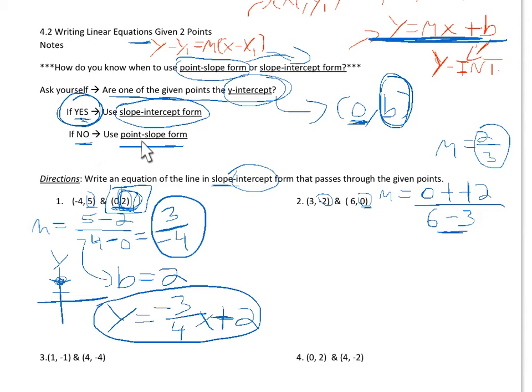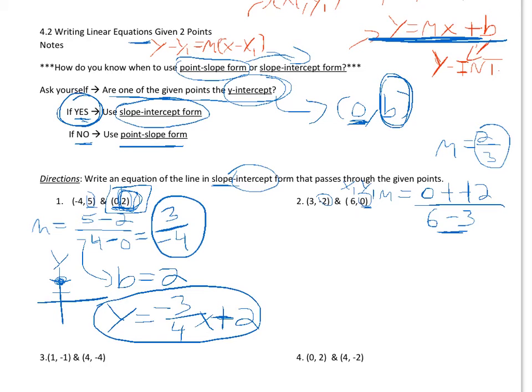So if the answer is no, then I have to use point slope form. So this is going to take me a little bit more work. So I'm going to use this form right here. And I could use any point. I'm going to use the second point. I'm going to say 6 is x sub 1 and 0 is y sub 1. Okay, I'm going to put it back into this form.